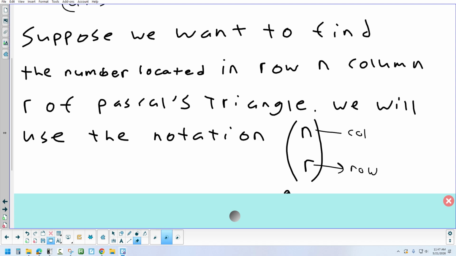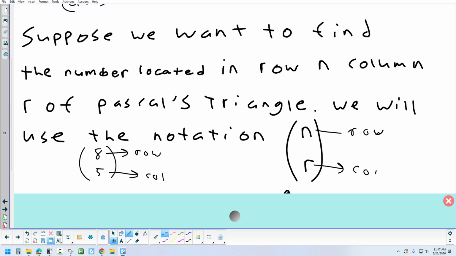Whoops, switch that. N is row, R is the column. Row, column. So if I wanted you to find something in row 8, column 5, that's the symbol that I would use. That's row 8, column 5.